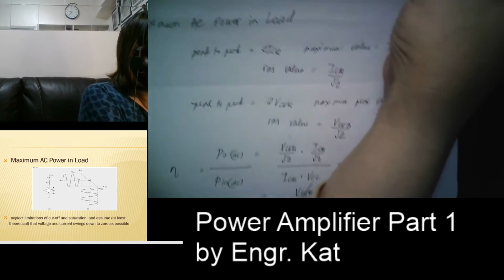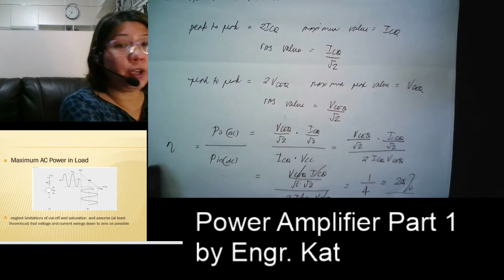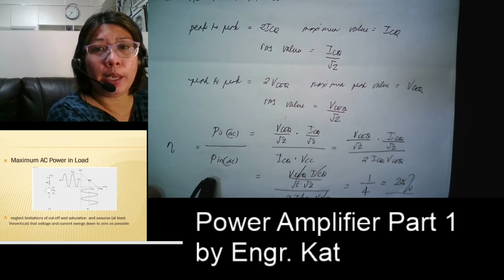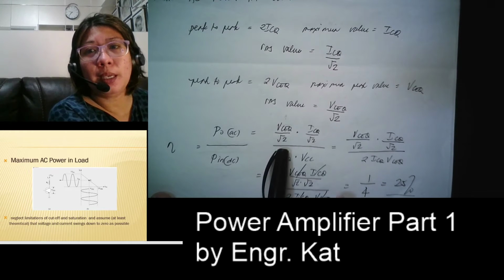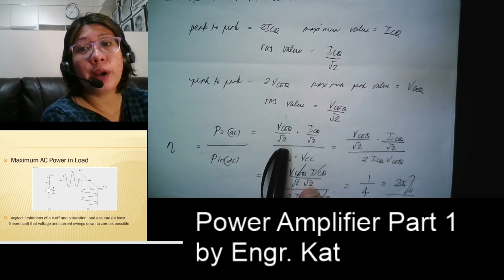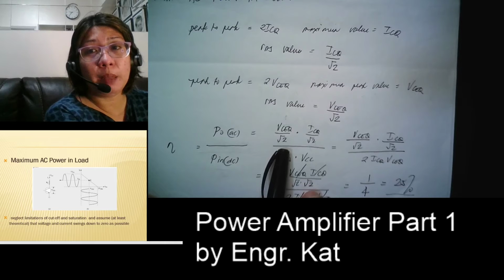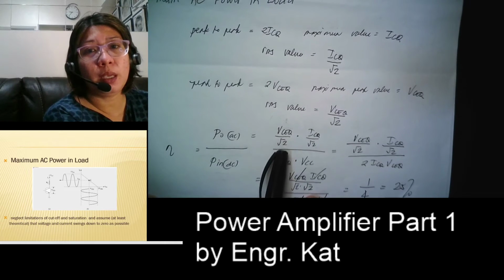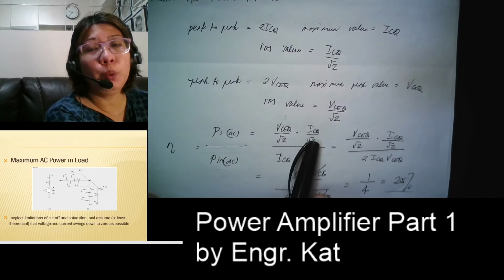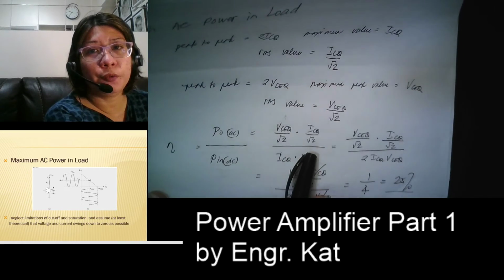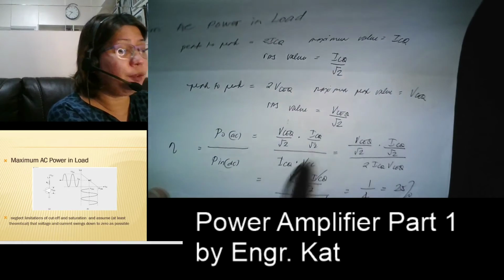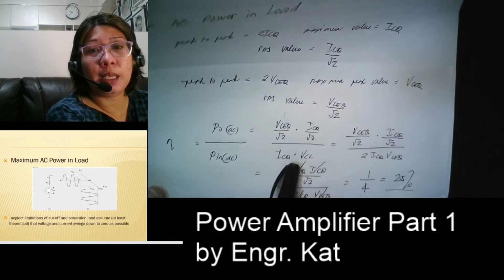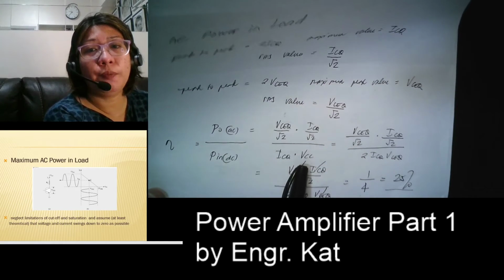Okay, so your efficiency is equivalent to POAC divided by P in DC. POAC is equivalent to the RMS voltage multiplied by the RMS current. So that is VCEQ divided by square root of 2 times ICQ divided by square root of 2, and then divided by the total input DC, which is ICQ times VCC.